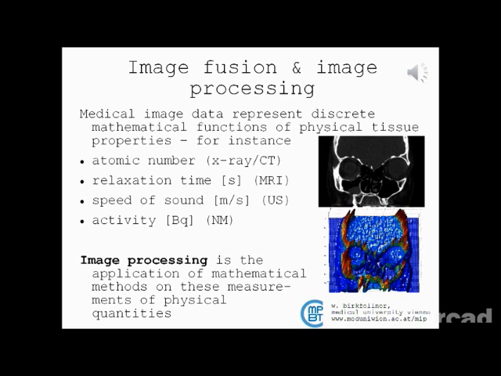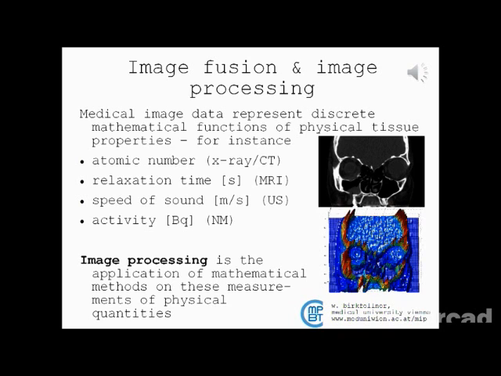If we measure the variation in speed of sound and the amplitude of sound as it is being sent into the body by a so-called ultrasound scan head, we're dealing with ultrasound imaging. And if we measure the activity, the physical quantity is actually becquerel, of a very low amount of a radioactive substance in the body, we're talking about nuclear medicine.